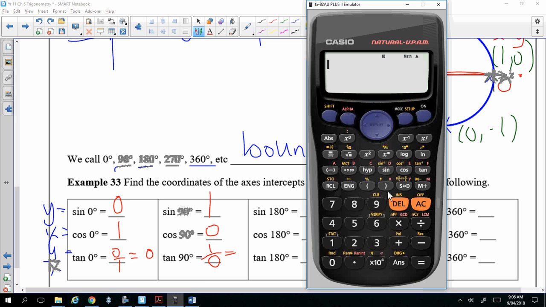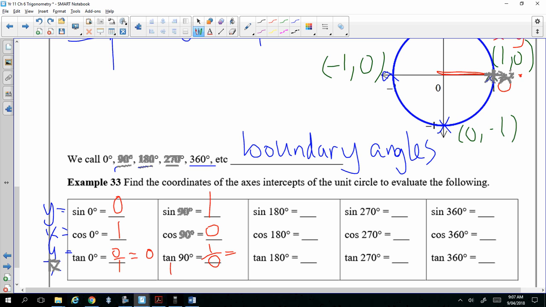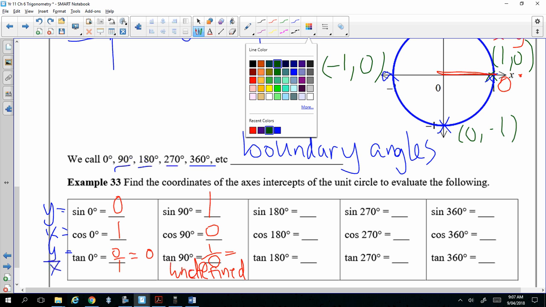We can't divide by 0, so you get undefined. If you do tan 90 on the calculator, you get a math error. So you say it's undefined. Alright, remember you cannot have 0 in the denominator. Let's keep going. Sine 180.